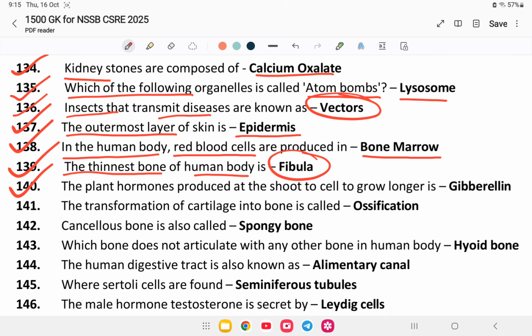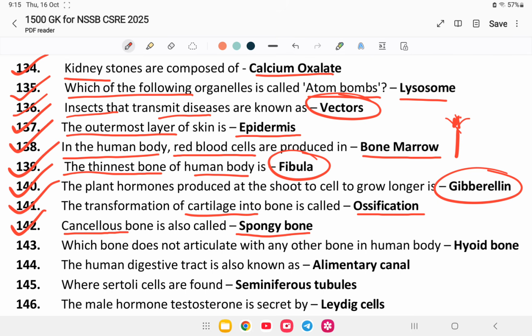The plant hormone produced at the shoot that makes cells grow longer is gibberellin. Question number 141. The transformation of cartilage into bone is known as ossification. Question number 142. Cancellous bone is also known as spongy bone.